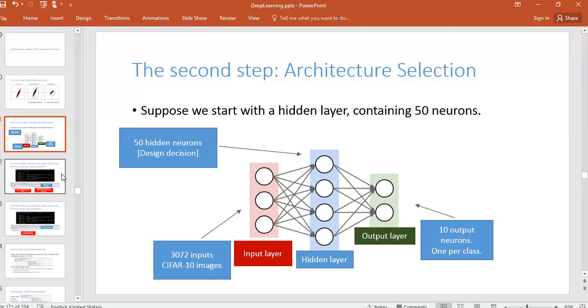First, we need to determine the architecture of the neural network. This network must have an input layer with the size of 3072, and also because we have 10 classes, we must have an output layer with 10 neurons.